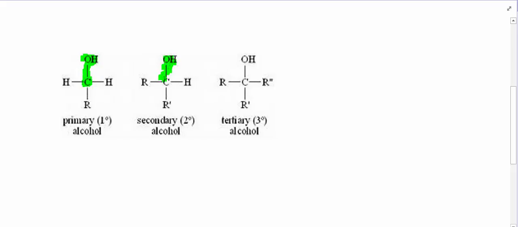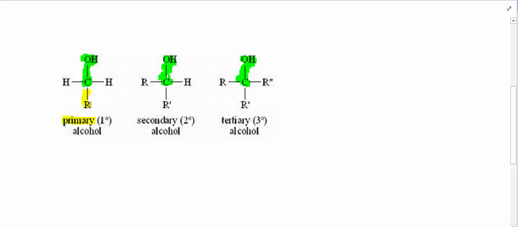If we have a look at each of these general structures here, this is our hydroxyl group. Now, the first classification is a primary alcohol, primary or first degree alcohol. Once we've identified the hydroxyl group, you're looking at the carbon that is attached to it.